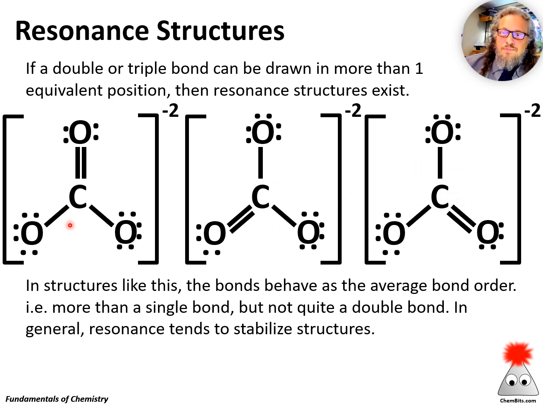And in fact, probably the more real picture of this is that all three of these exist and interchange so fast that it's not really distinguishable that one of these is a double bond and two of them are single bonds. So the carbonate ion actually behaves as if these are all the same bond, a little bit more than a single bond, but not all the way up to a double bond.